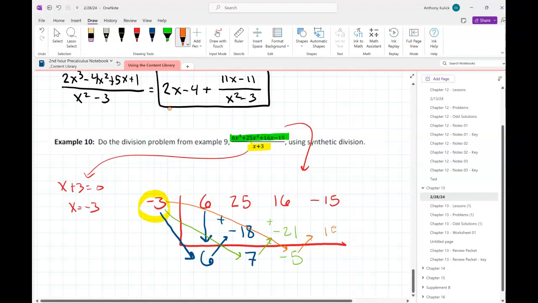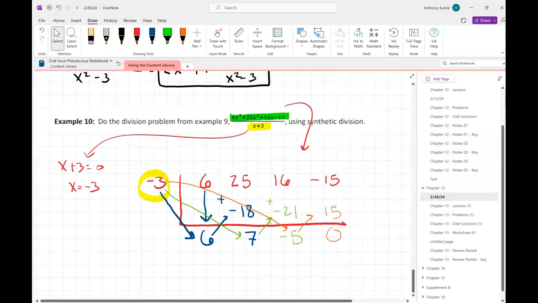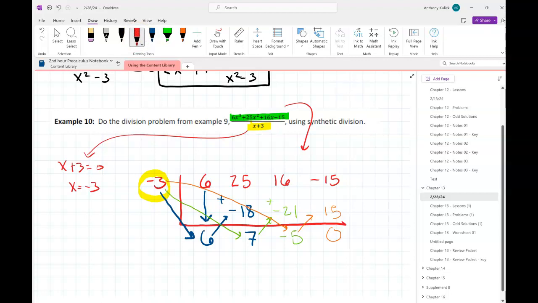You can get 0 at the end. So if all we're doing is dividing right now, it doesn't matter what happens at the end. Eventually, this is going to become part of a factoring procedure. There we need a remainder of 0. But not right now, all we're doing is dividing.